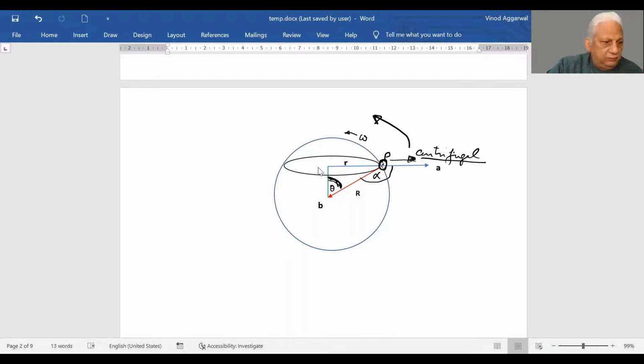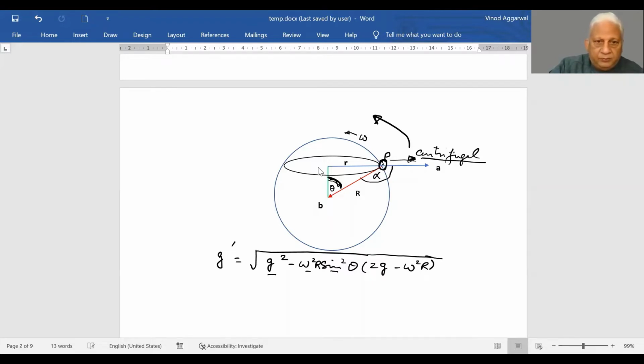If this is making an angle theta, then we can say the apparent g, g dash, that we experience is g dash equals the square root of (g square minus omega square R sin square theta (2g minus omega square R)).